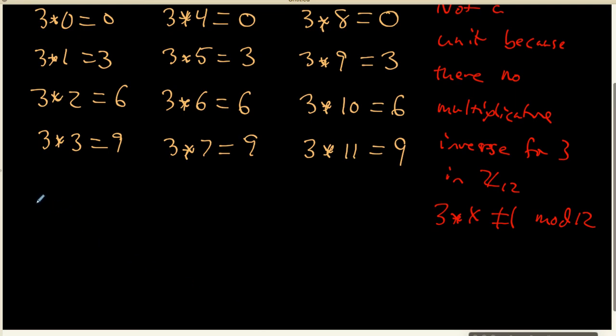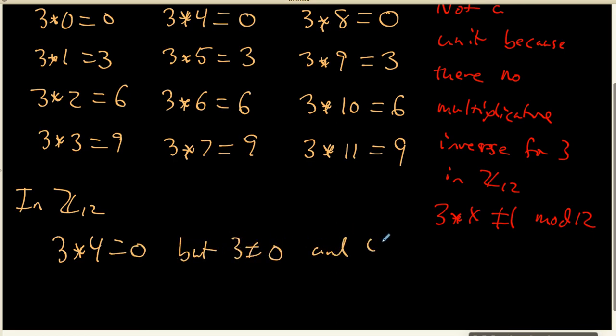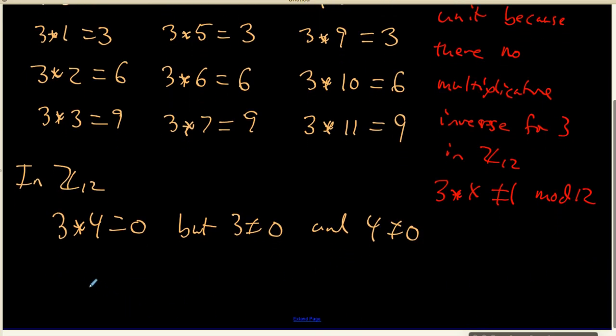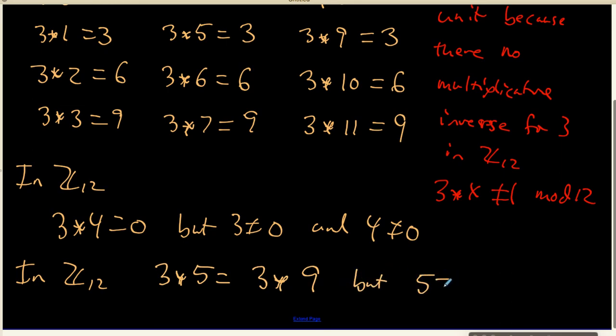So in Z12, 3 times 4 is equal to 0, but 3 is not 0, and 4 is clearly not 0. And also in Z12, we have 3 times 5 is equal to 3 times 9, but clearly 5 and 9 are not the same thing when we're doing arithmetic in Z12.